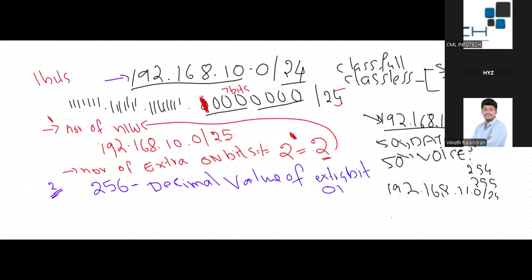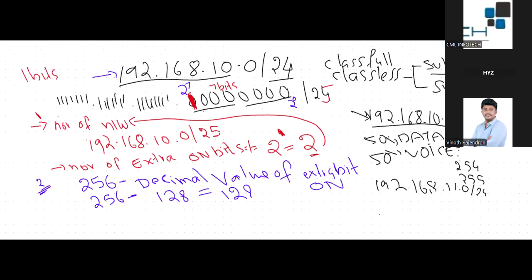Which is the extra bit on? Let's start from 2 raised to 0 here, and this is 2 raised to 7, which is 128. So the extra bit value is 128, and 256 minus 128 equals 128. So we need to add 128 on the changed octet. Here the changed octet is the last octet.